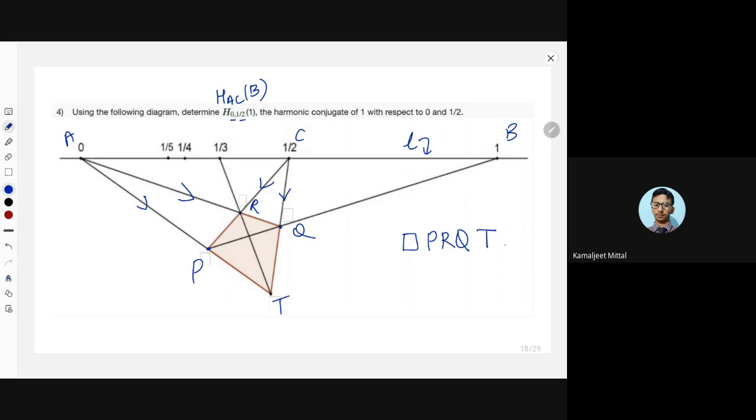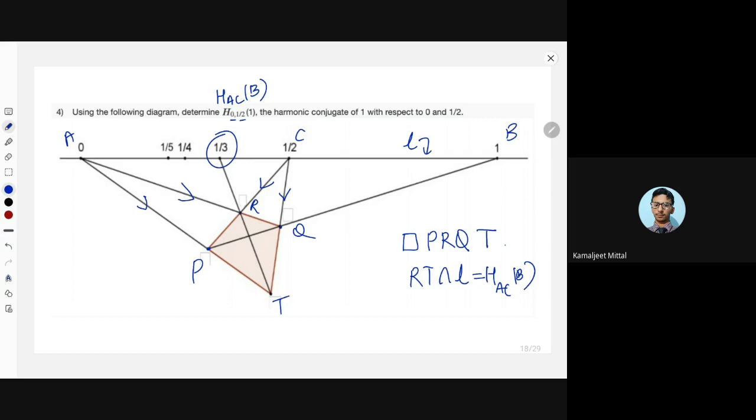In this quadrilateral, we have one diagonal which is PQ coming from BP, so we need to look at the other diagonal. The other diagonal is RT. Now we need to see where this RT is going to hit our line L. Okay, so the intersection of RT with L will be our ACB, which is in this case 1/3. So this will be our harmonic conjugate.